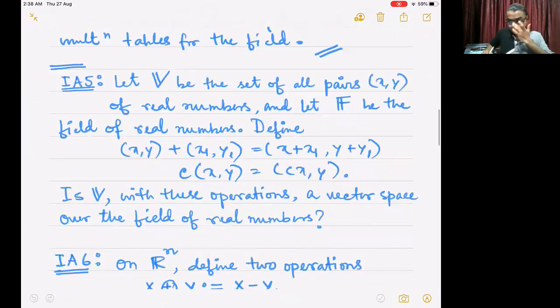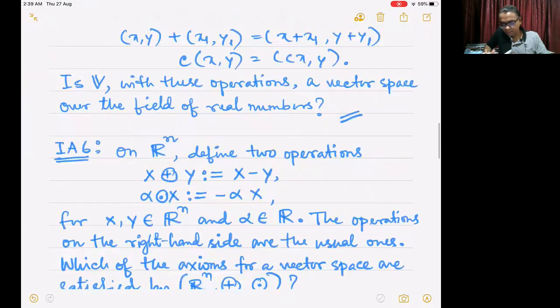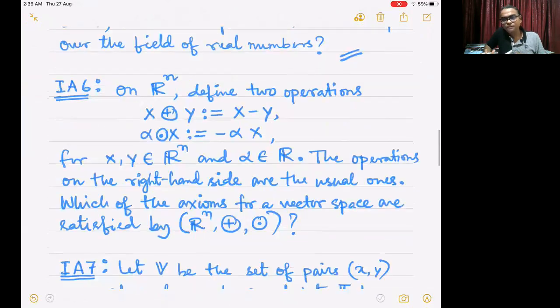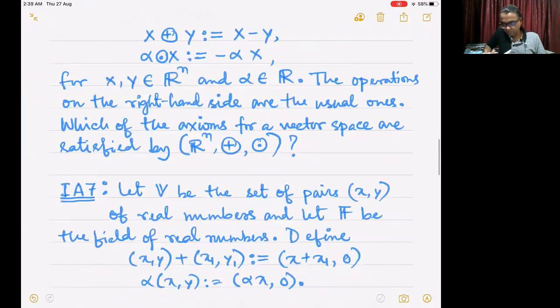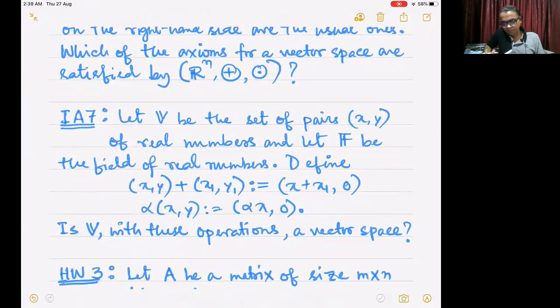Check whether this set, where the addition is defined in a weird manner, is a vector space. Addition is okay, but scalar multiplication is defined in a weird manner. Check whether this is a vector space or not. Once again, another weird definition of addition and multiplication. Check whether this is a vector space or not. Another weird definition of addition and multiplication. Check whether this is a vector space or not.